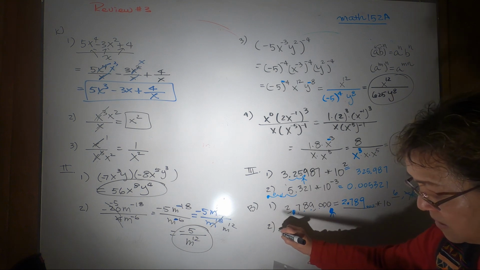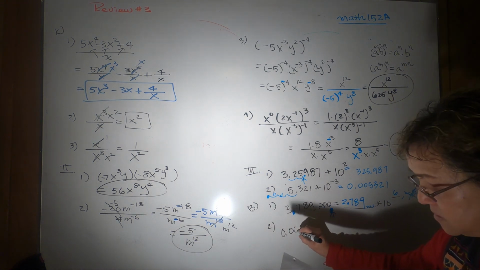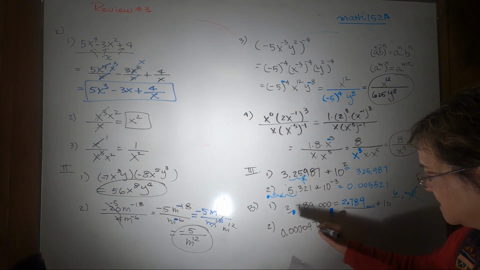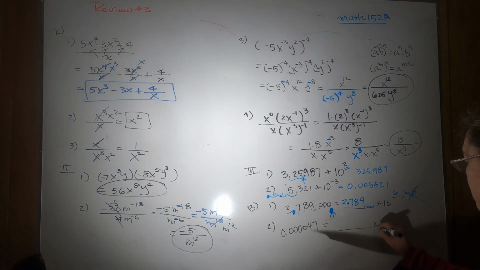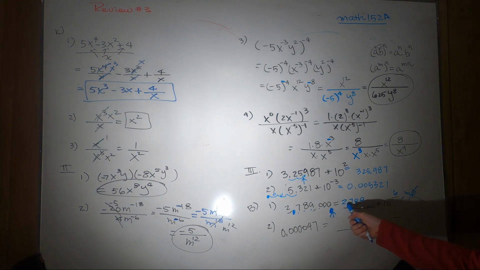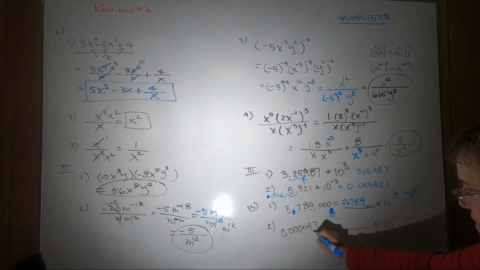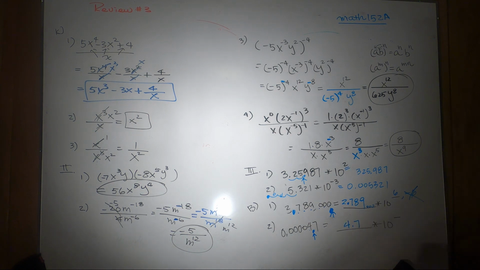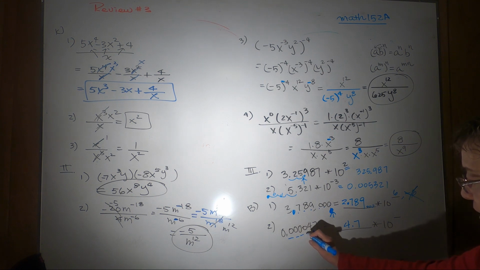So next one, 0.000047, and change it to the scientific notation. So you have to write your answer with what? One number before the decimal point. So at least you need this. So you move to here, right? So you know it's 4.7, right? So you move how many? 5 positions.